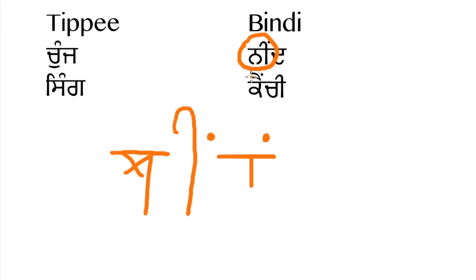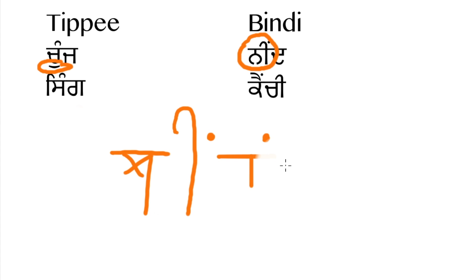And here we have a kakka with a dulavaa, we have a bindi after it, not a tippee, because a tippee is used when there's something to the left of the character or underneath the character. Or if the character is on its own, we use a tippee. If there's something on the right of the character or on top of the character, we use a bindi.